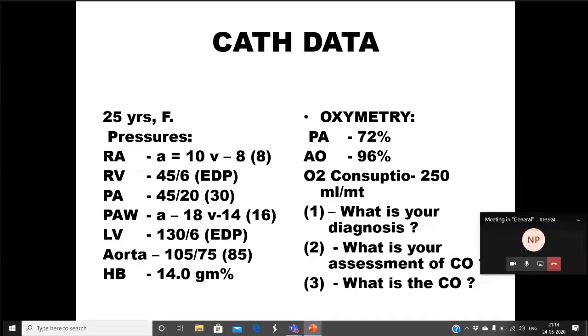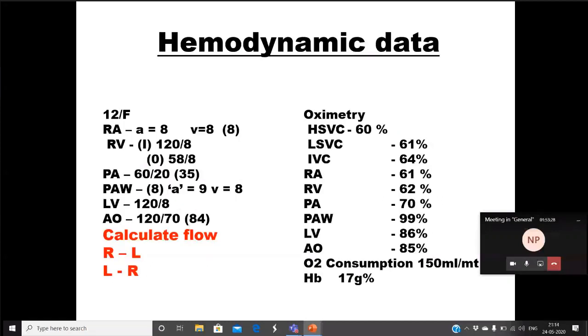Yes. Okay. What is the next person available? Any volunteers? Sarojam, you didn't interpret any oximetry data. Why can't you try? Actually, I am unable to see the data. It is showing the previous one.